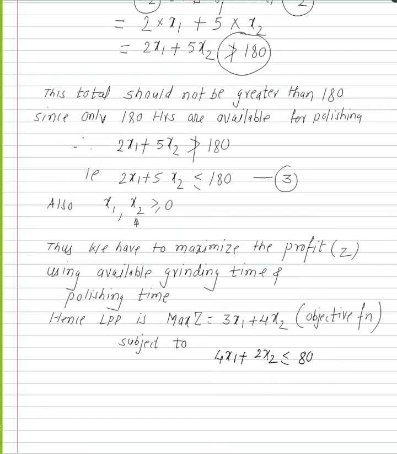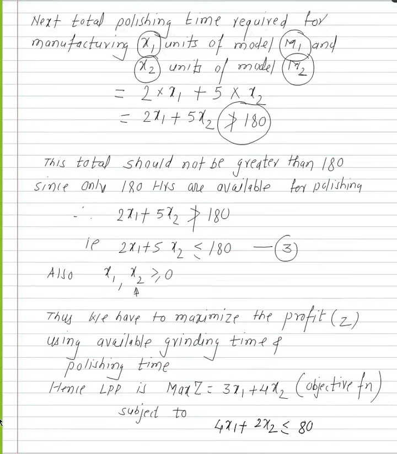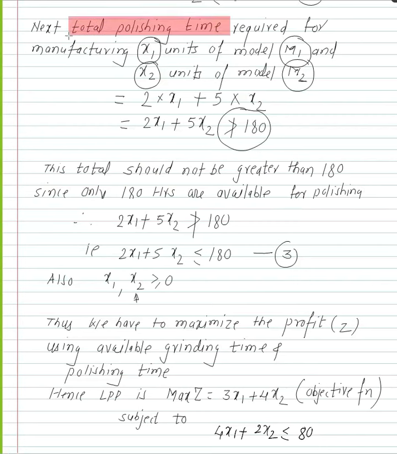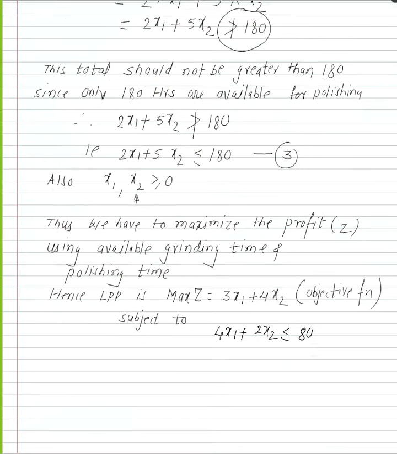Another constraint is on the polishing time. Total polishing time should not be greater than 180. So the constraint is 2x1 plus 5x2 less than or equal to 180. This is the constraint on polishing time.